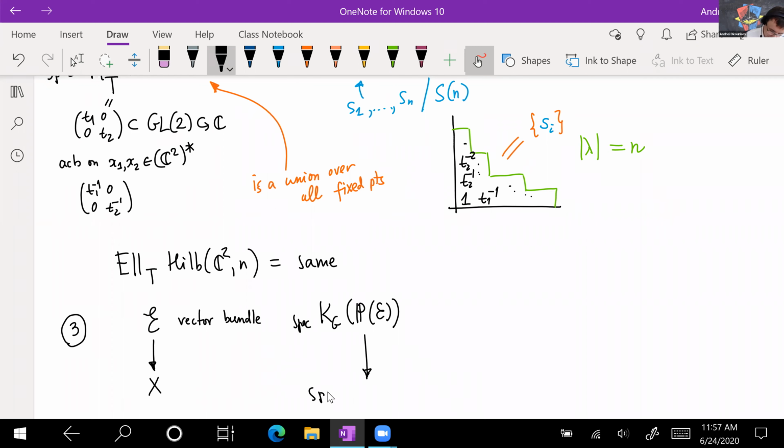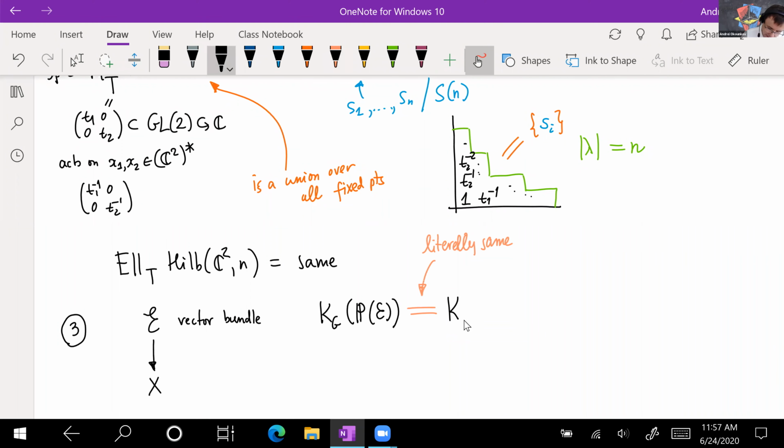This is K_G. And so then exact same argument as we had before. Let me remove this. Exact same argument, same as before. Same argument as before says that this is going to be, what's it going to be?